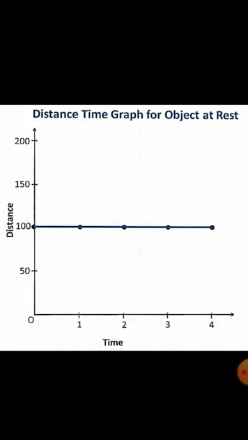Here, the values of the y coordinate represent distance and are the same. But the values of the x coordinates, which represent time, are different. That means the object is at the same distance from the origin with change in time.